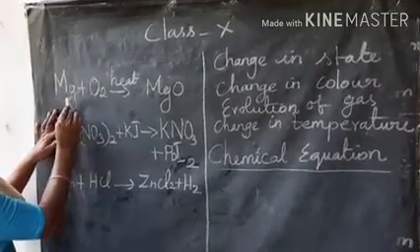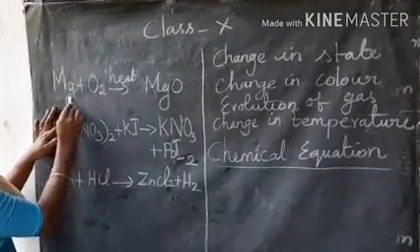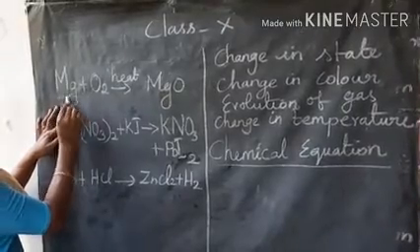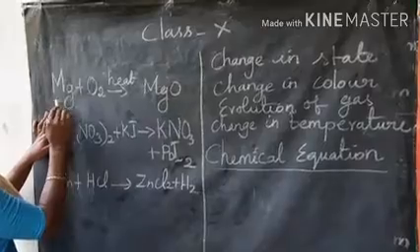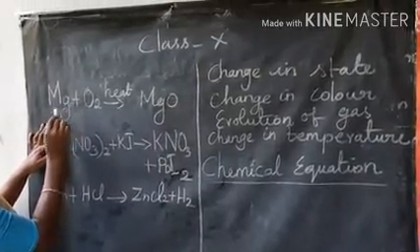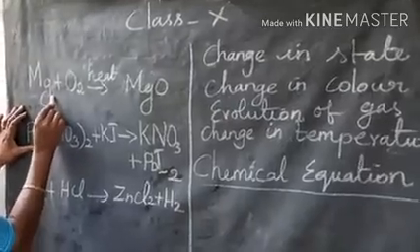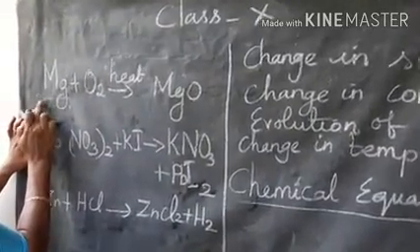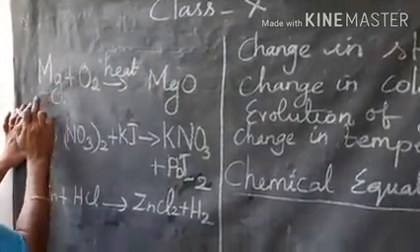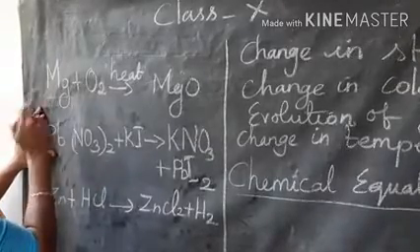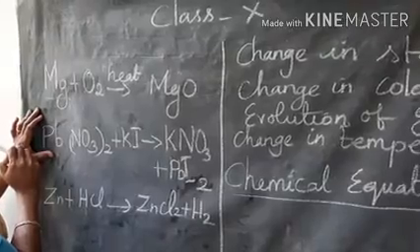A small piece of magnesium is taken. It should be cleaned with the help of sandpaper. Why should it be cleaned? Because there is a chance of forming its oxide on the top of magnesium metal.